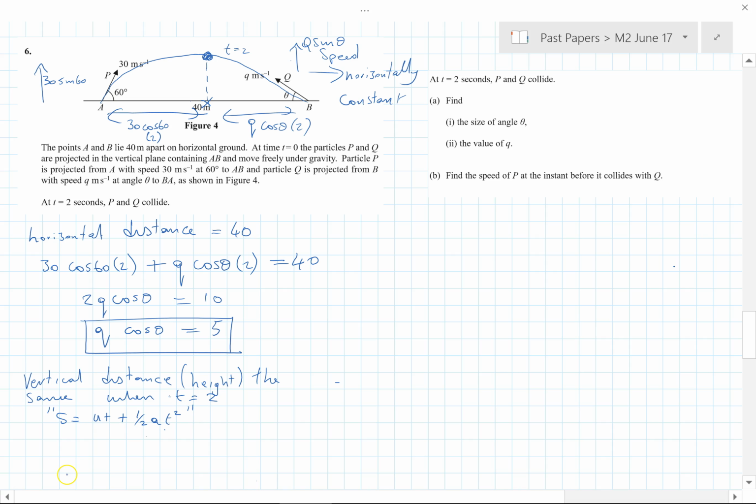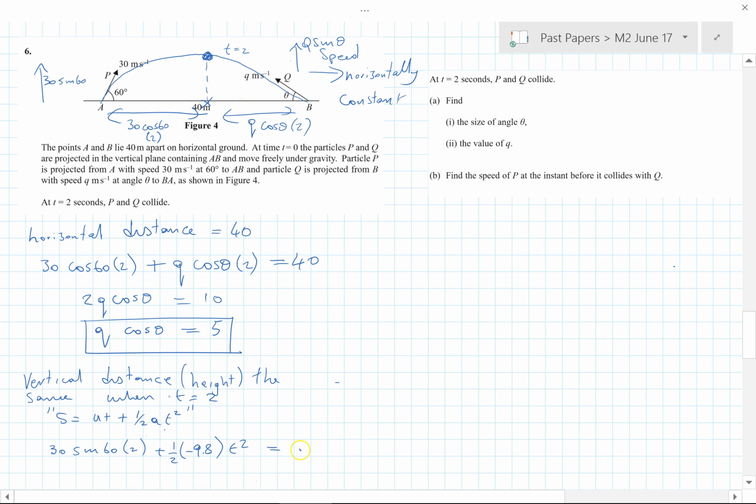So we've got for p, 30 sine 60 times 2 plus a half times minus 9.8 times 2 squared. It's going to be the same height for q.